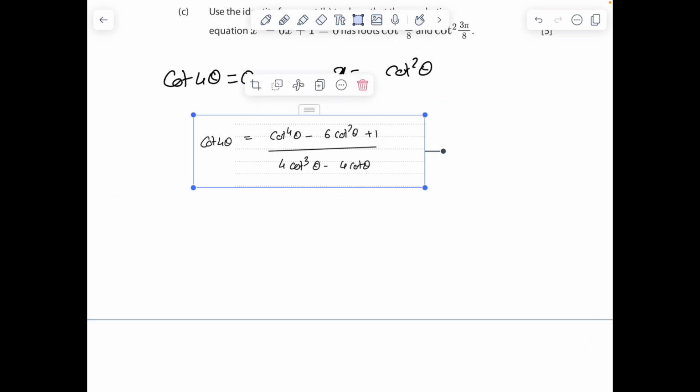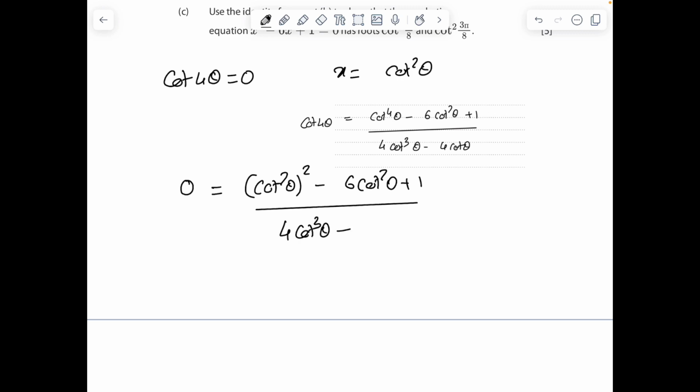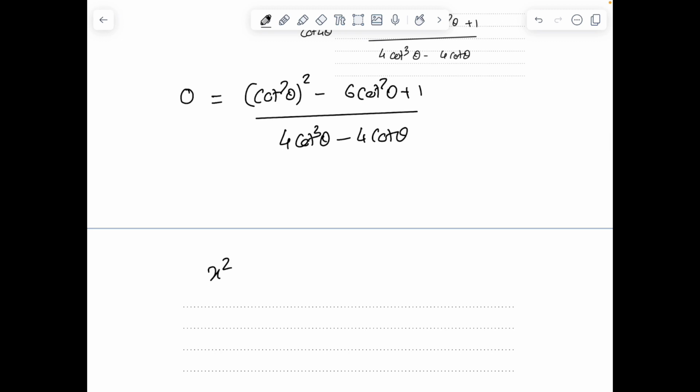What do I get? 0 equals to cot square theta whole square minus 6 cot square theta plus 1, divided by whatever may be the denominator, because when you do the cross multiplication the denominator becomes 0. So it becomes x square minus 6x plus 1 equals to 0.